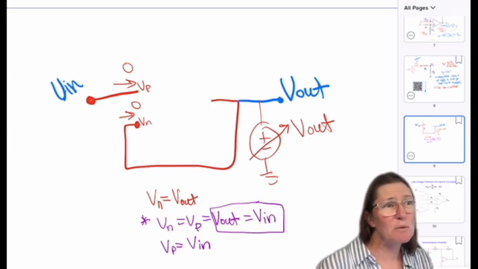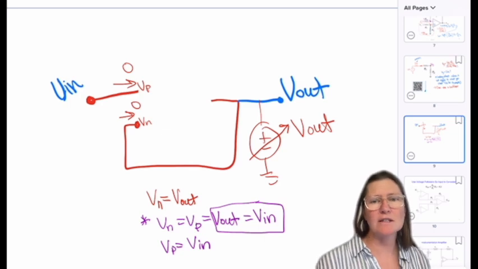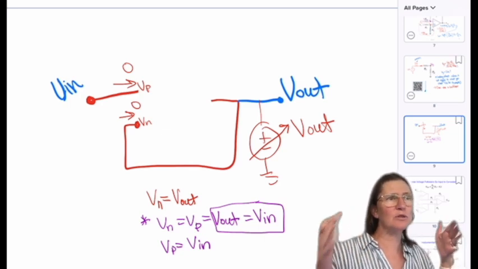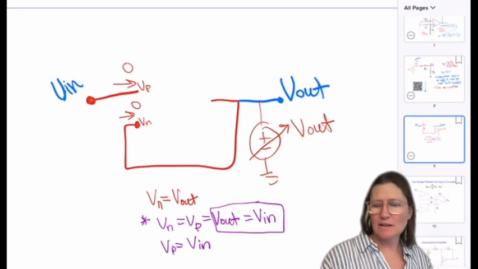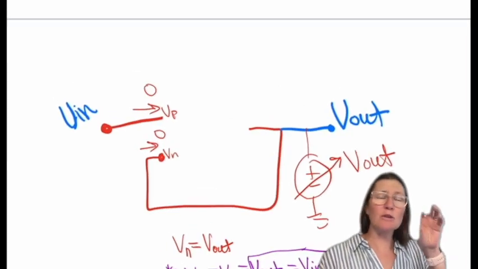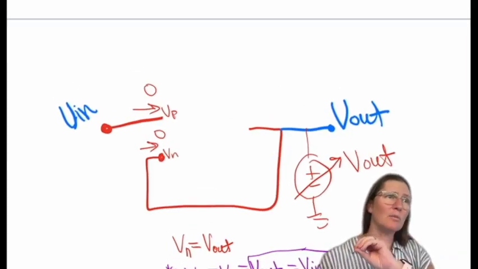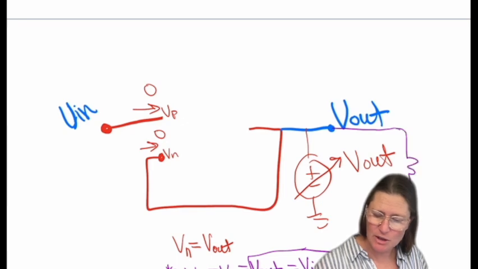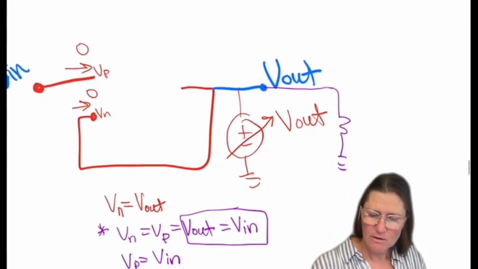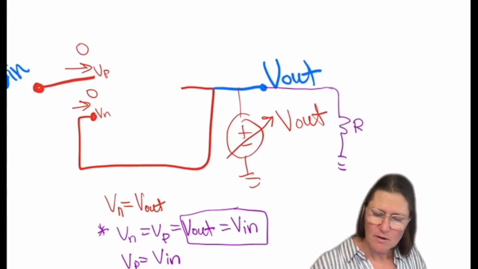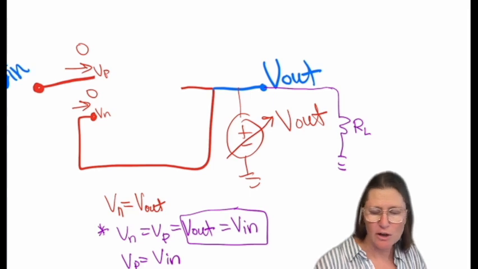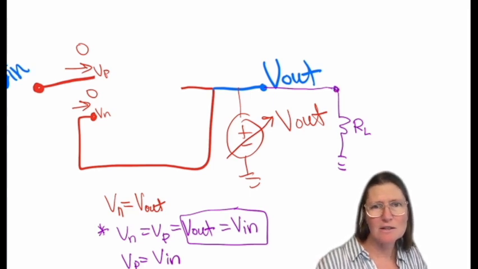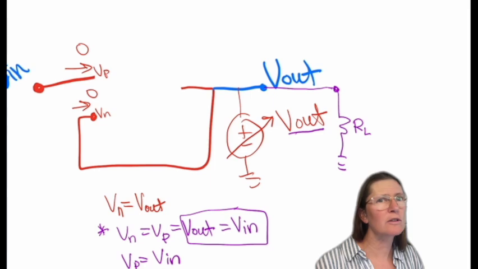So it's actually a pretty simple circuit, and all it's doing is it has no gain to it because the input is equal to the output. What it provides is a buffer so that the resistance doesn't affect that output. Even though I may put a resistor here, I'll just call it RL, this resistance doesn't change the value of V out at all, because this acts like a voltage source.